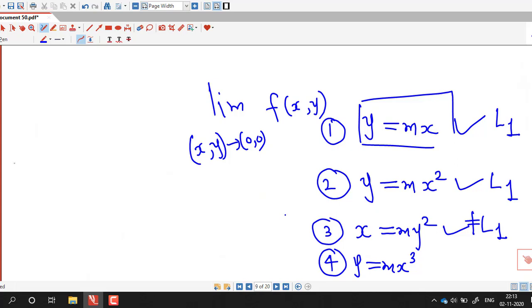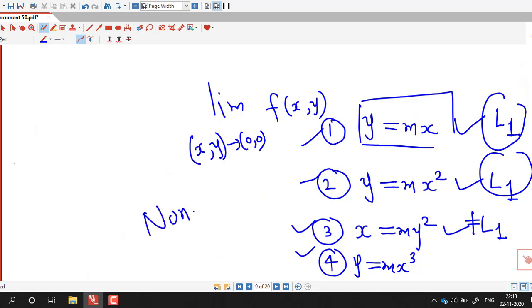If we are getting the same limit along these different possible paths, then we may have the idea that the limit exists. In that case we will discuss how to show that the limit exists in the next lecture. But in this lecture our focus is on non-existence of limit, how to show that the limit does not exist. For that it is easy, we can try different paths.